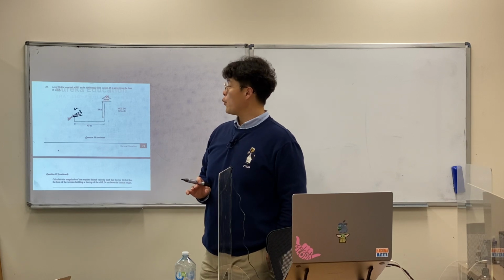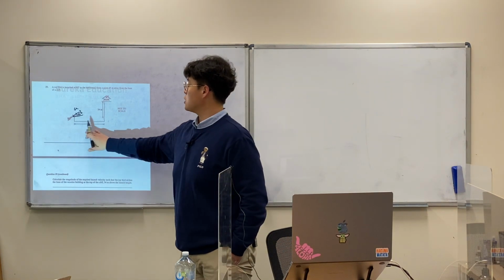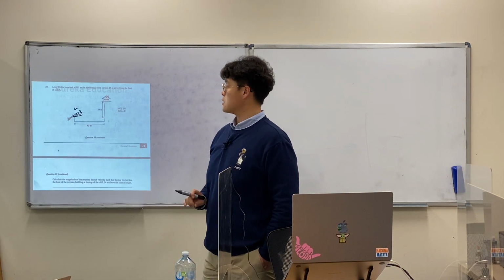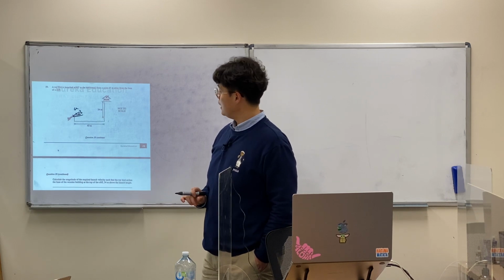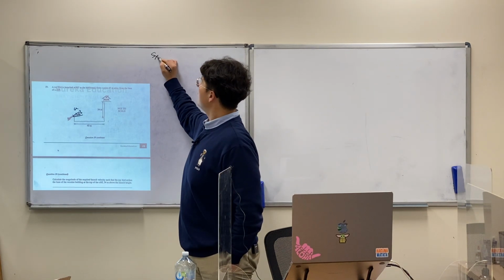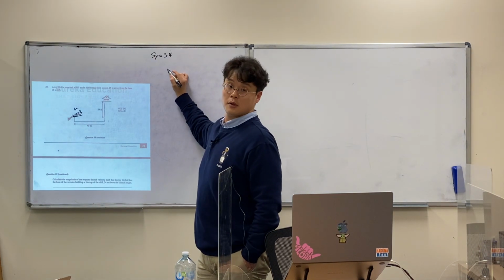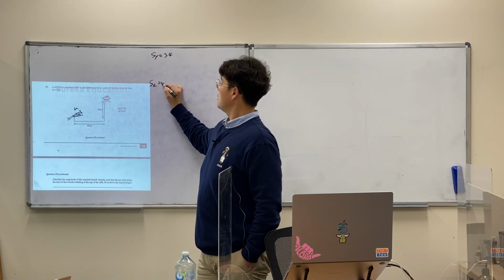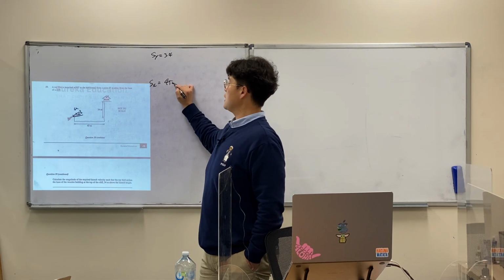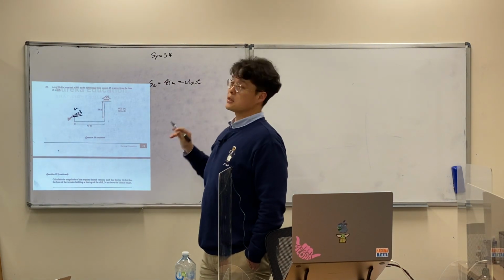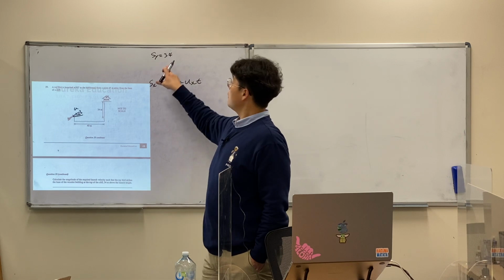So first of all, can we think about the range covered by this too? Sy from the given situation is given at 34 meters. Sx, which is range, is given at 45 meters.